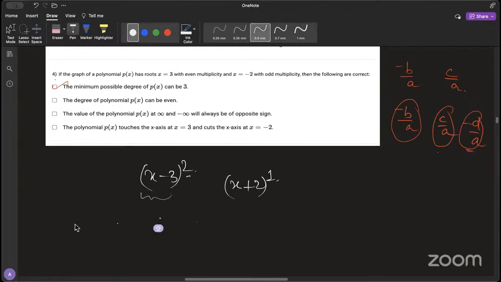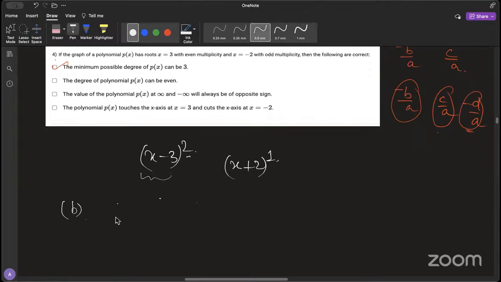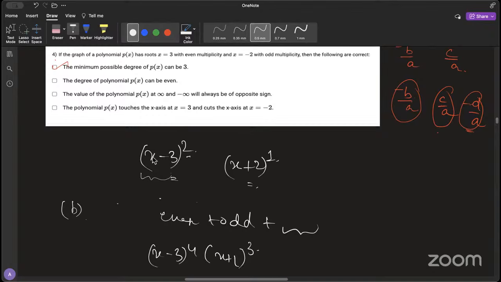Okay, let's do this option. The second option says, the degree of this is even, this is odd, right? So even plus odd, and then you can have something else too. Like if you have (x minus 3) to the power 4, (x plus 1) to the power 3, and it just says that these are two roots. It doesn't even say that it does not have any other real roots, right?